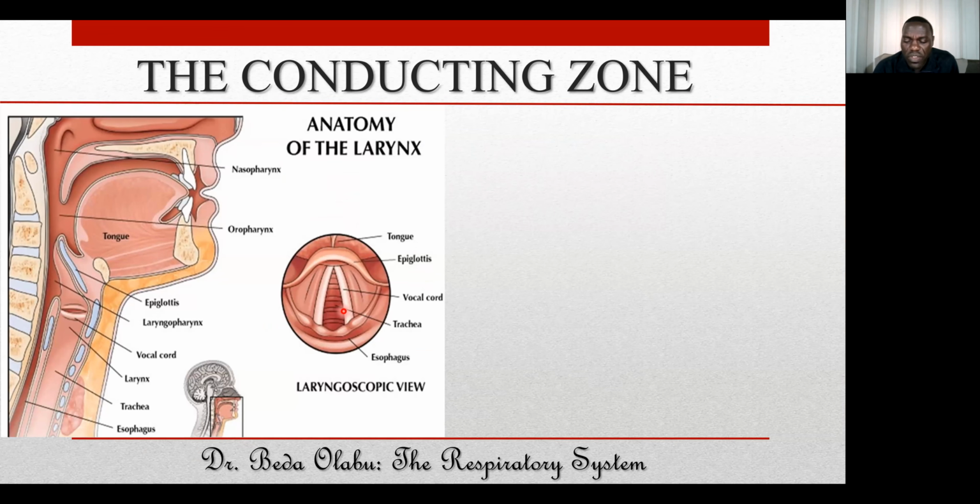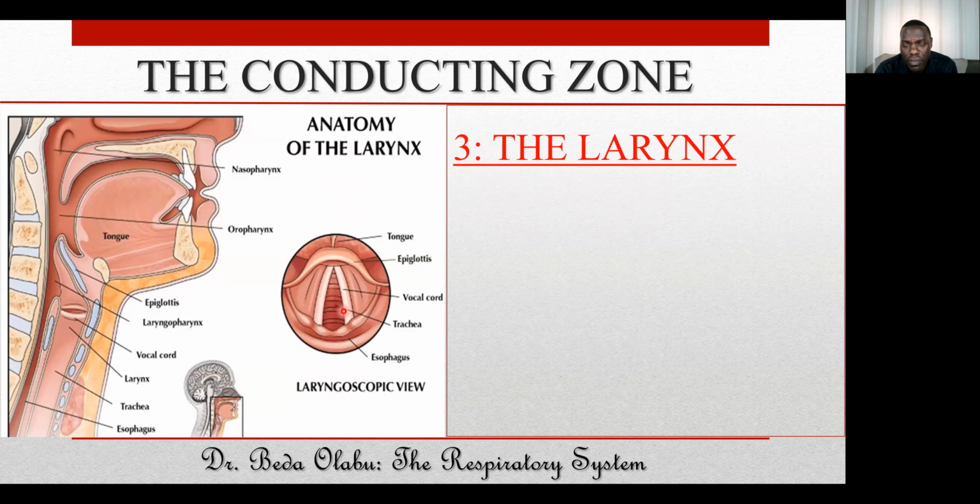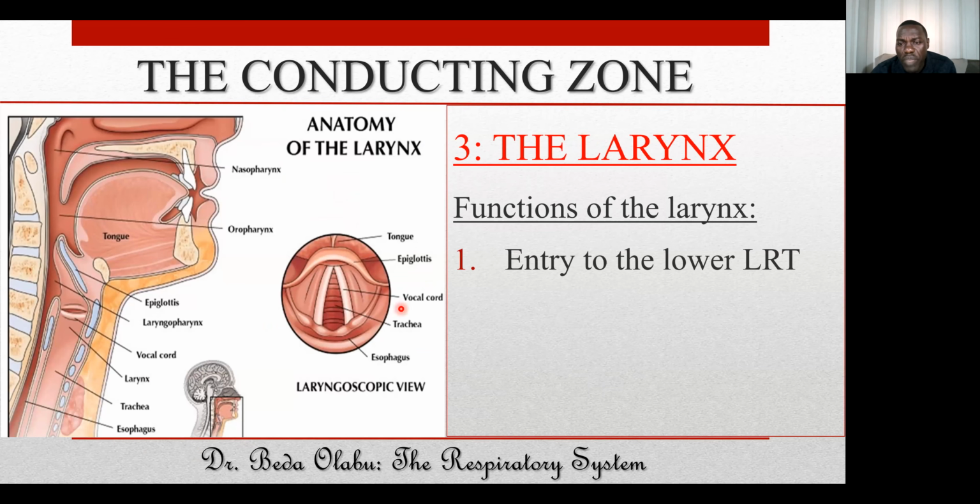What are the functions of the larynx? Well, we've mentioned that the larynx is the entry to the lower respiratory tract. Apart from that, the larynx is the voice box. So it's important for production of sound. The larynx is also important in cough reflex. Cough reflex is an immune mechanism.